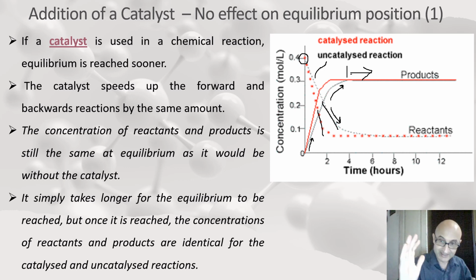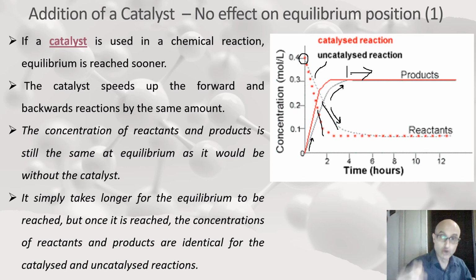The red lines show us the rate at which equilibrium is reached for the catalyzed reaction. The maximum product concentration is reached faster in the catalyzed reaction. The solid red line rising to the leveling off of the product is steeper than the gradient you have for the solid gray line, which shows the rise in concentration of the products for the uncatalyzed reaction.